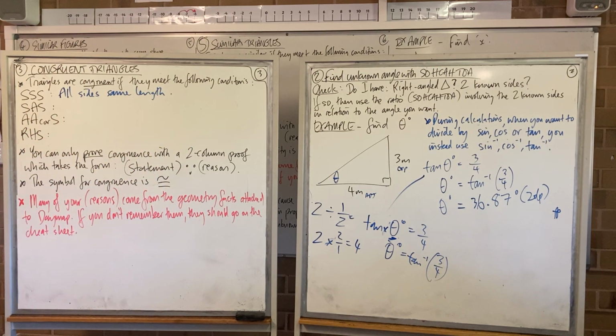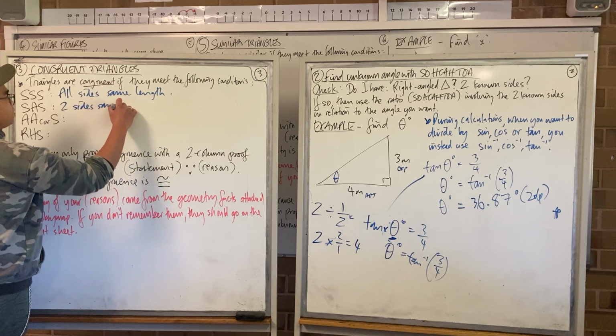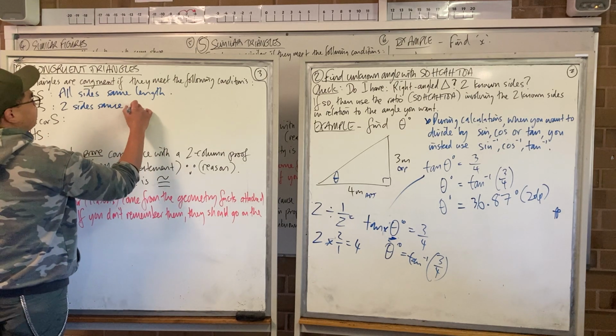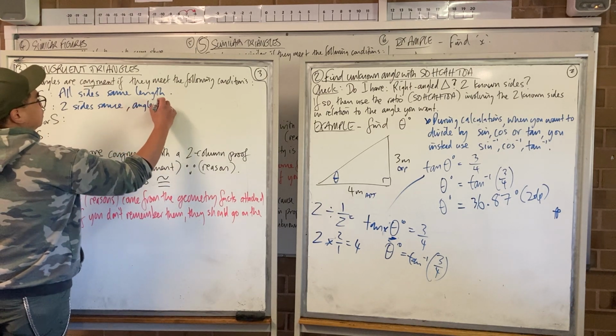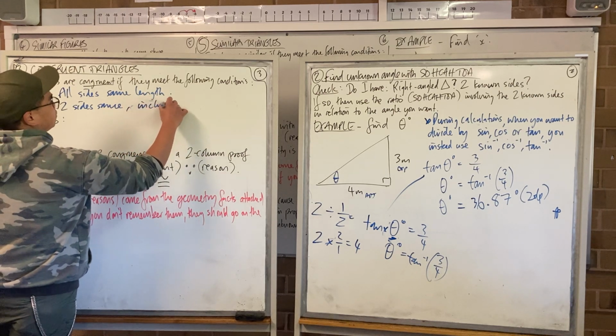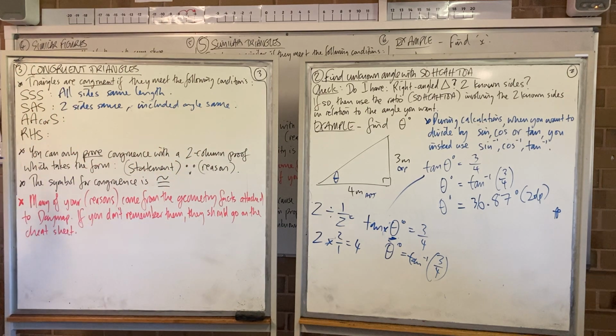What is side angle side? Not Special Air Force or whatever it is. Side angle side. 2 sides same. What was special about the angle? There's a reason. Good. 2 sides same. Included angle same. AA core S. It might have been taught to you as AAS, but I think the core is important. What is that?